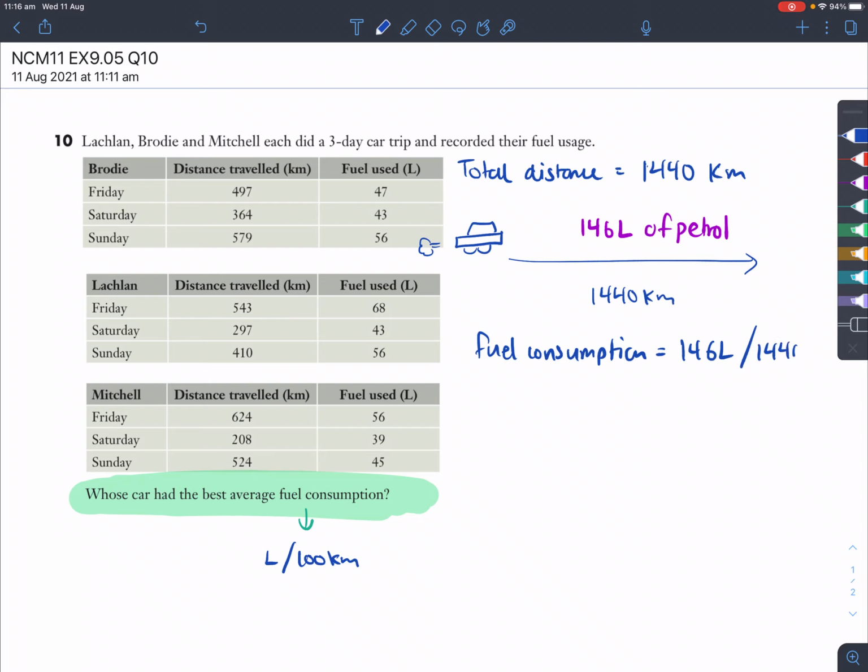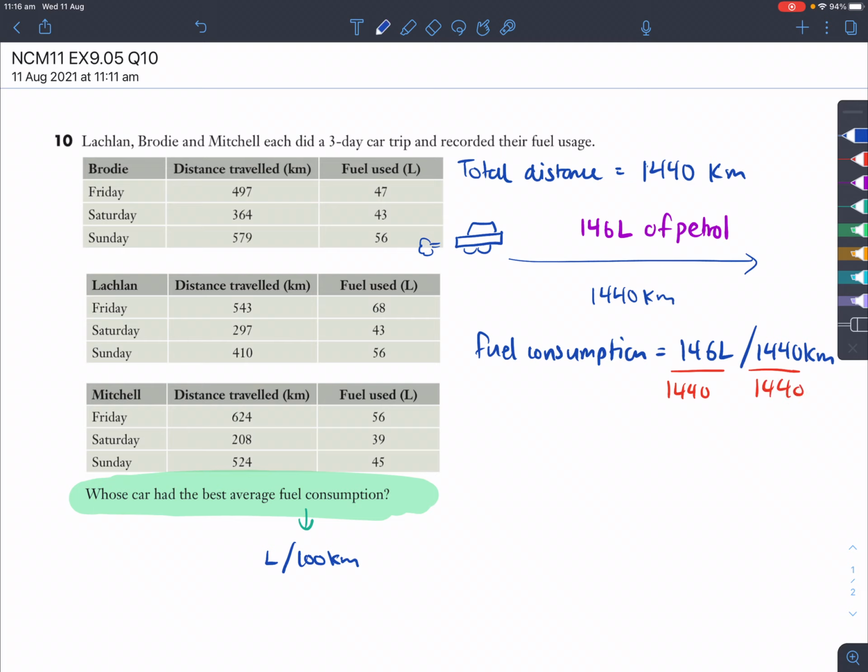per 1,440 kilometers. Now we want this number here to be 100. So what we do is a unitary method. We put this on our calculator, 146 divided by 1,440, okay? And what happens is you're basically dividing both sides by 1,440.